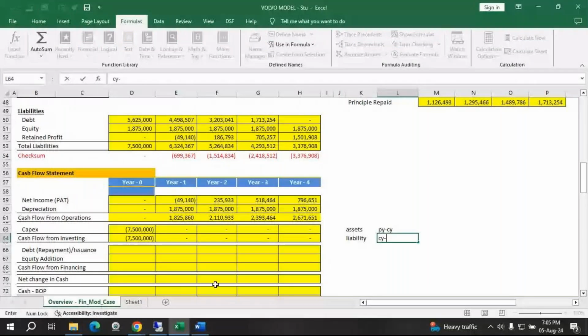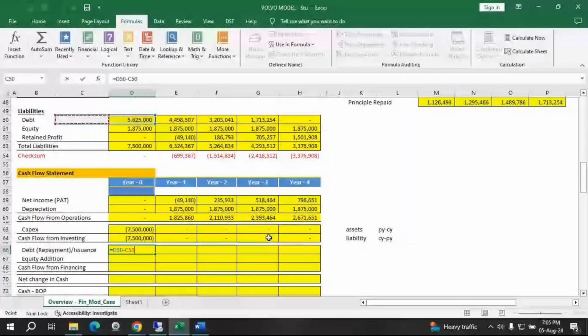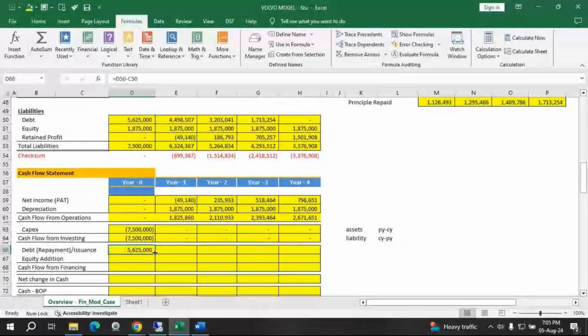So equals current year minus previous year. Current year minus previous year. So I'll come here and drag. I wanted you people to do it till here.